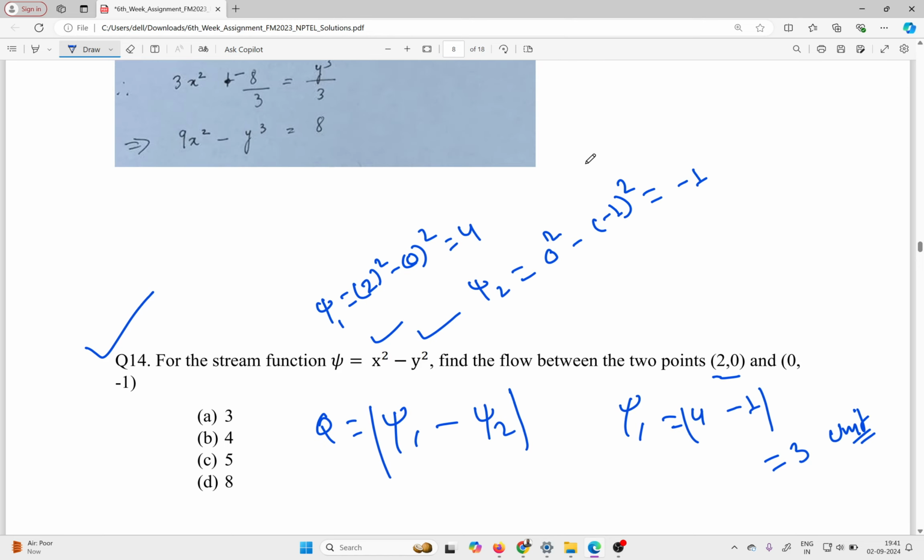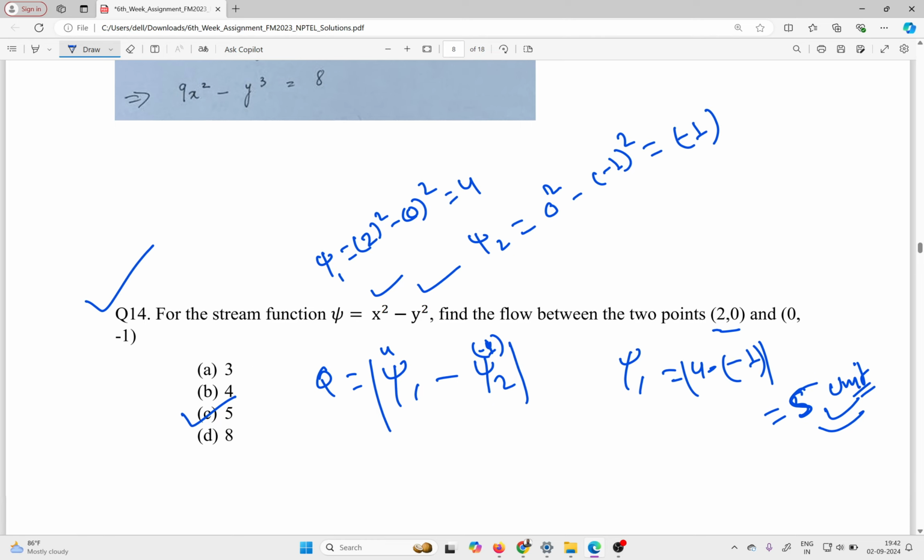So this will give you 4, this is minus 1, and this is minus minus plus, so it will give you 5 unit. So option C will be correct.